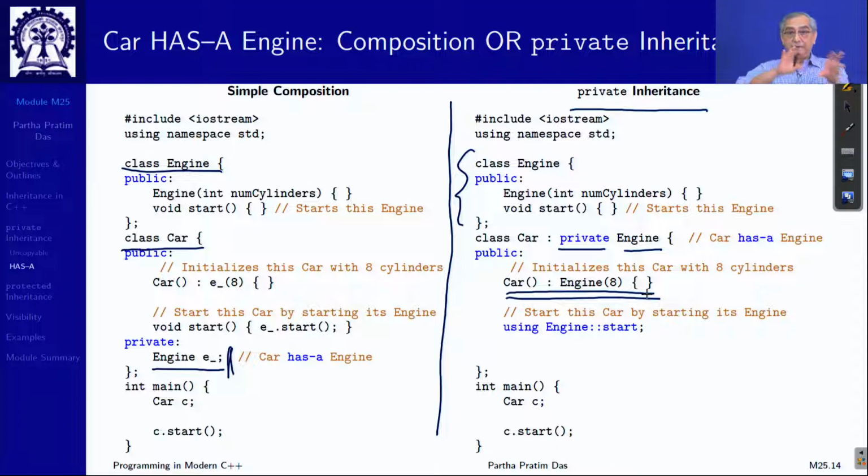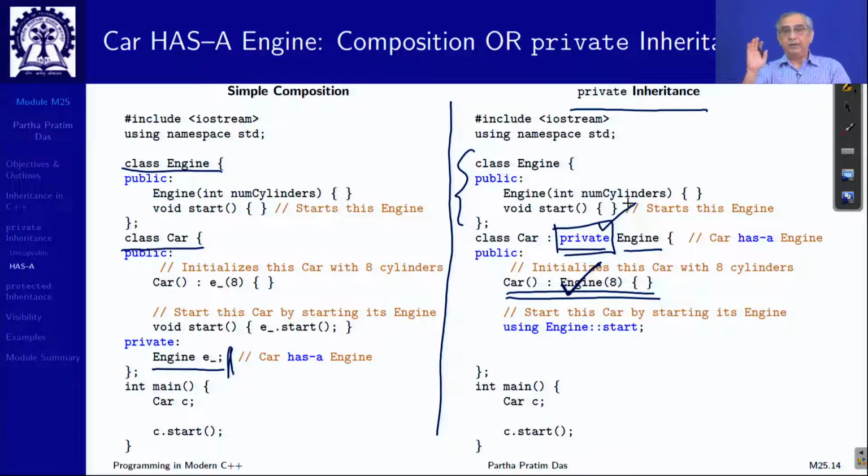So, that part of has a, is a component of, is common between doing the embedded object and doing an inheritance object. But I cannot do public here, because that is not the concept that I am trying to implement. I am just trying to use this feature that engine object will be a part of the car object. So, I can use private inheritance for that, another use case for private inheritance.